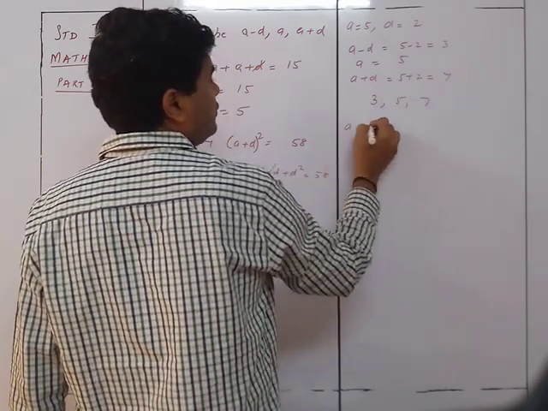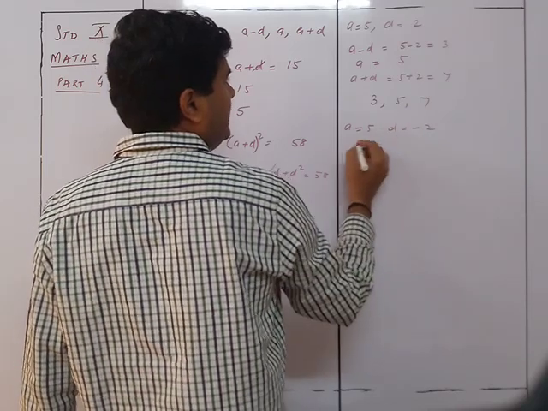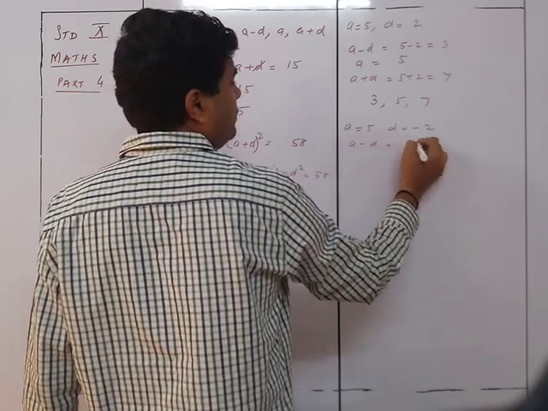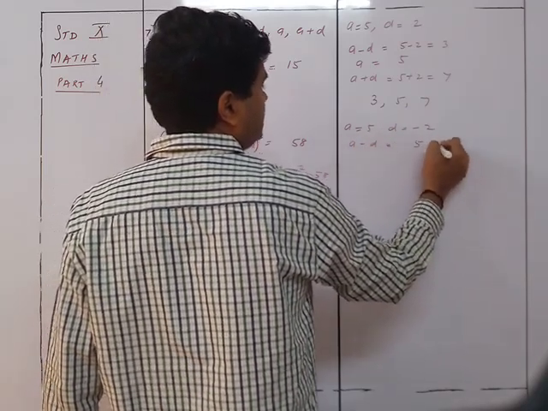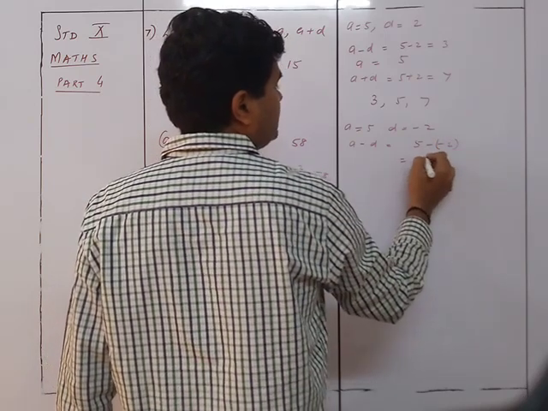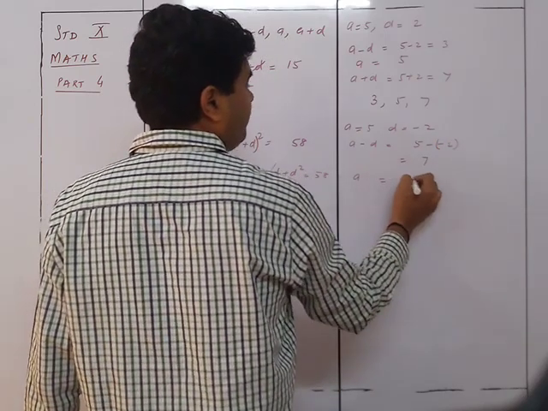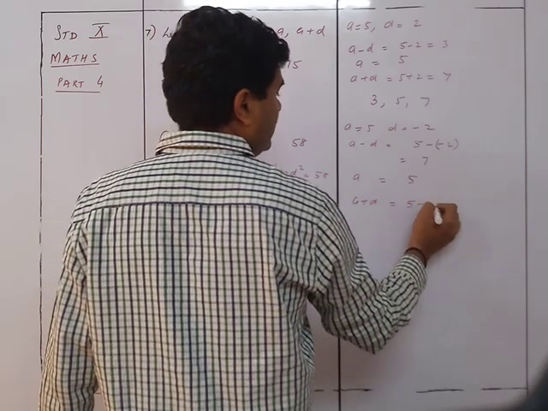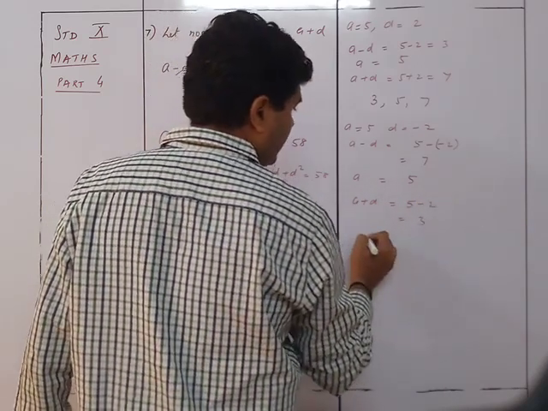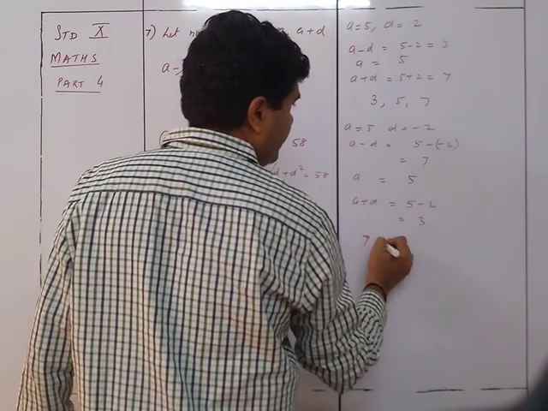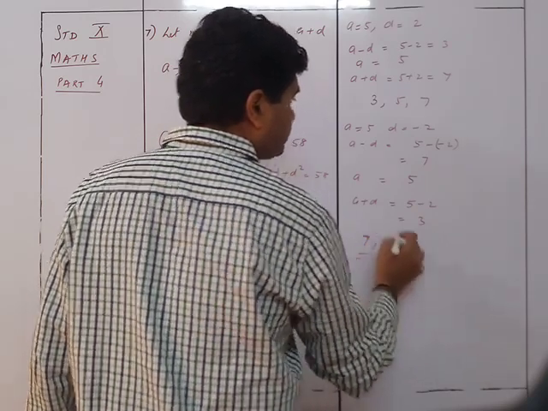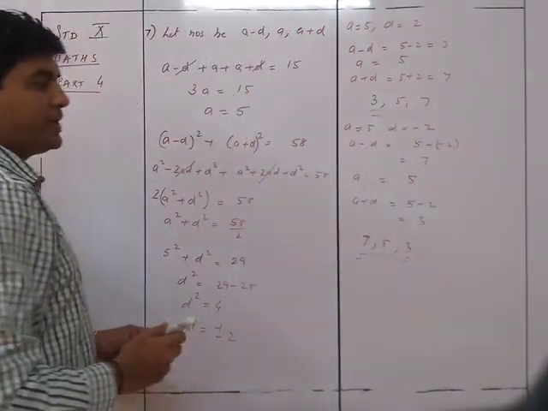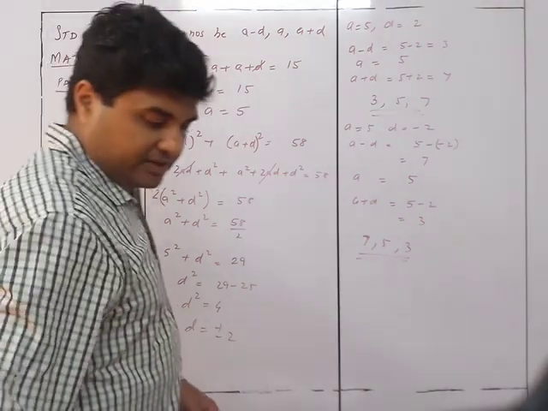And if A is equal to 5 and D is equal to minus 2, then A minus D will be equal to 5 minus of minus 2, that will be equal to 7. A is equal to 5 and A plus D is equal to 5 minus 2 is equal to 3. So the numbers will be 7, 5 and 3. These are the two ways you can write the AP in sum number 7.